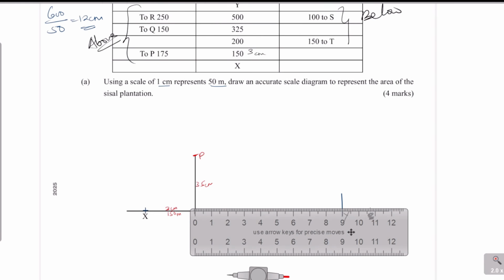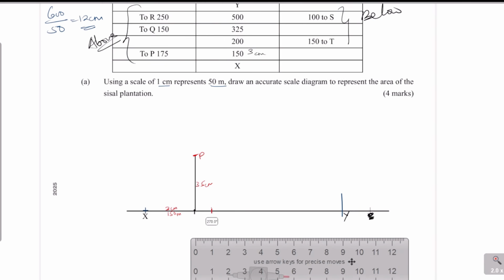Let me mark it properly to be there. So this is 50 meters, which is 1 centimeter. So from there, we go to 200. So 200 is at this point.